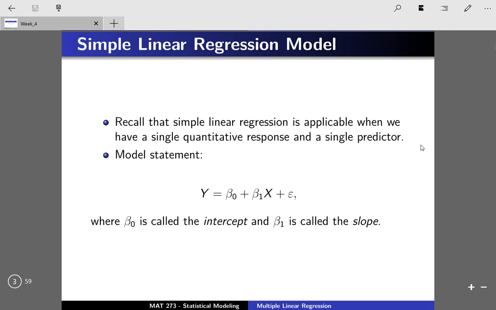If a student has a GPA of 3.5, another student has a GPA of 2, you can average those out, which is like 2.75 if you add them and divide by 2. So GPA is a quantitative variable. Your major in undergrad is an example of a categorical variable. So we cannot use major directly in simple linear regression, at least not yet. We'll talk about ways we can incorporate this later.